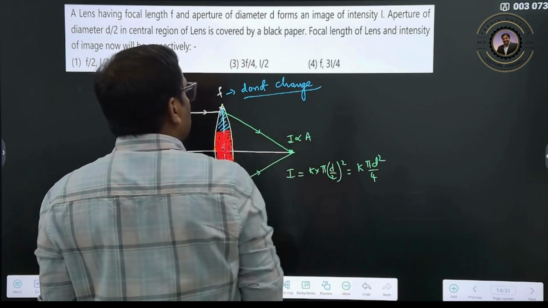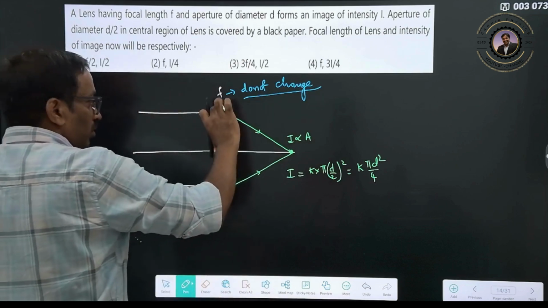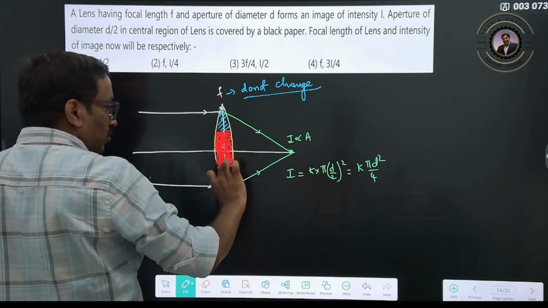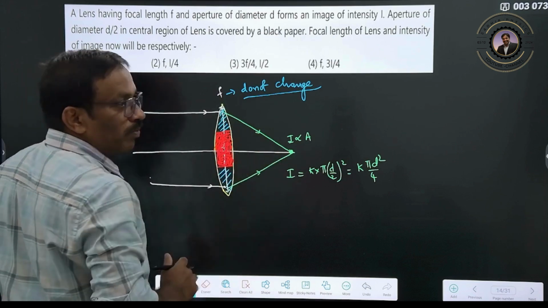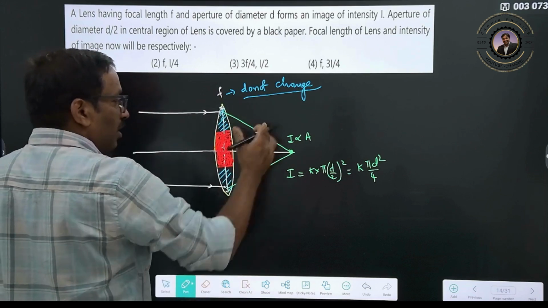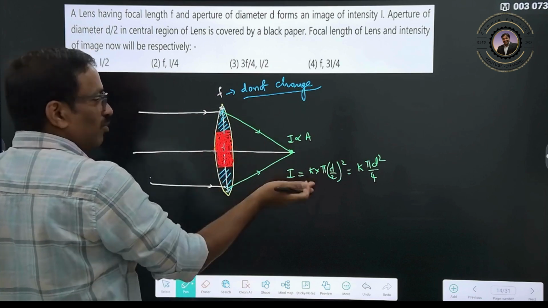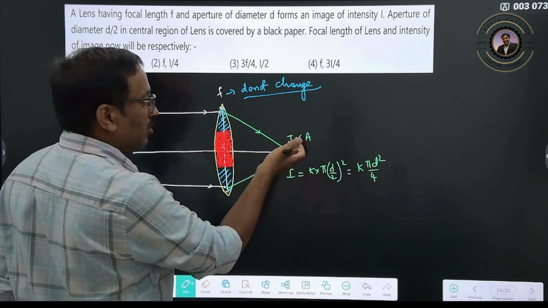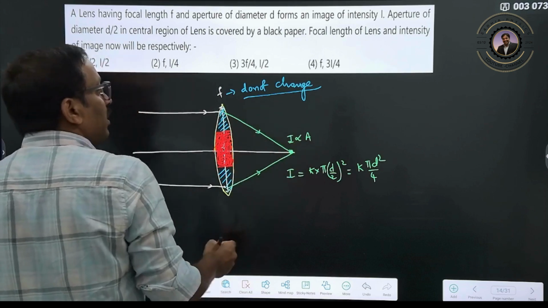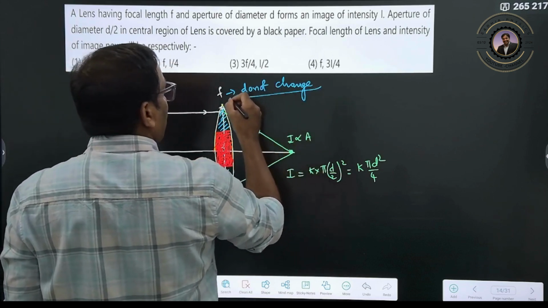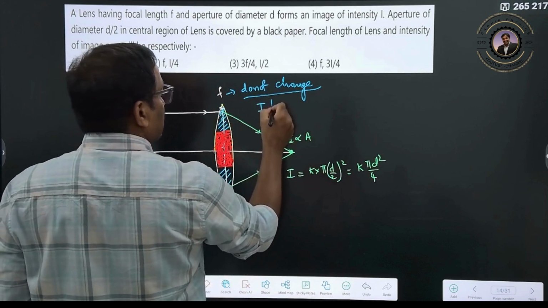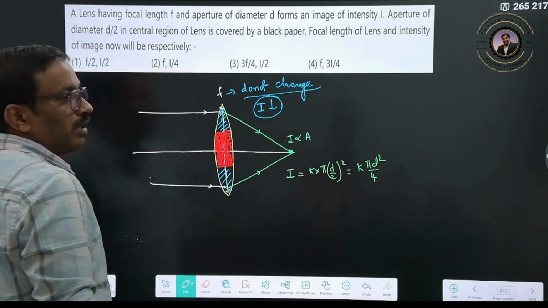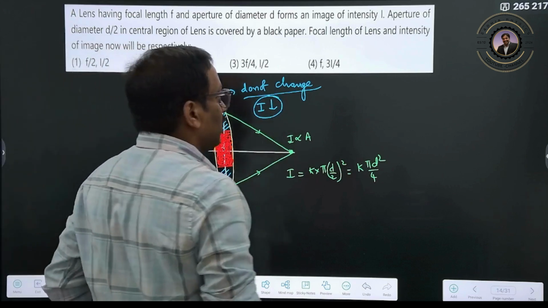What is going to change? Only this portion of the light will pass through, this portion will not. So less light will reach this point, and intensity will decrease.